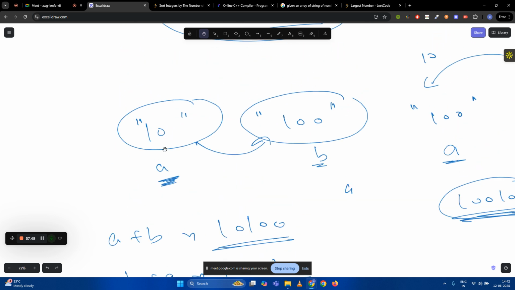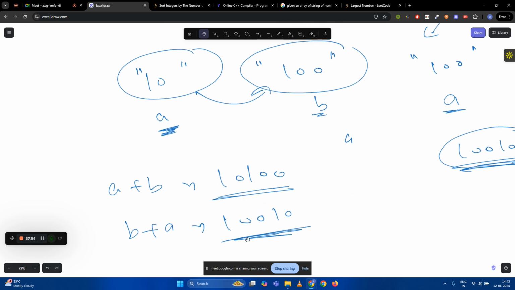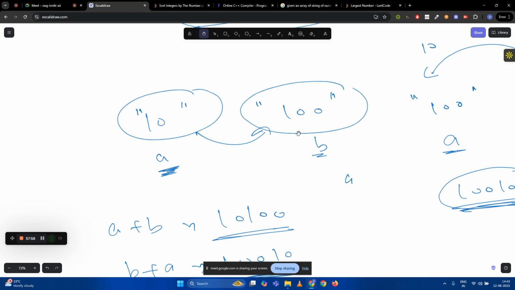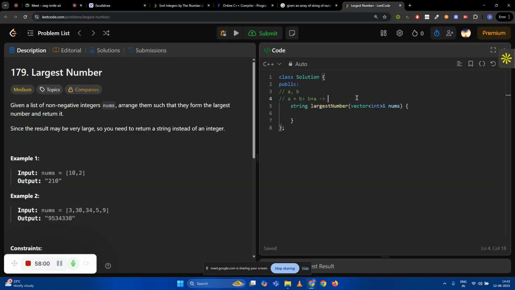Like here, suppose A is 10 and B is 100. Appending B to A, that is A plus B, is 10100. That is greater than swapping. So it means this is the correct order. If B plus A is greater than A plus B, then we need to swap. As simple as that. So only this thing you have to worry about.